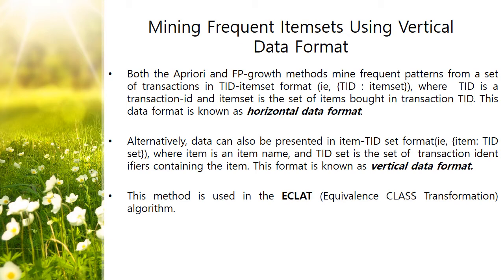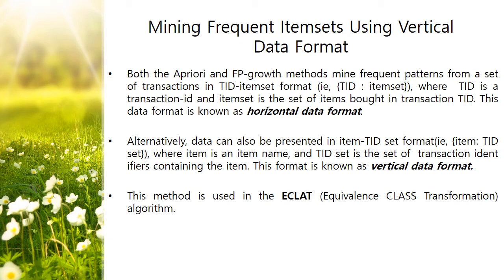Alternatively, data can also be represented in item TID set format. So we are representing the data in a different format that is known as vertical data format. Here first we will represent the item, then the transaction IDs. So for a particular item, the transactions in which it occurs are represented in a TID set.